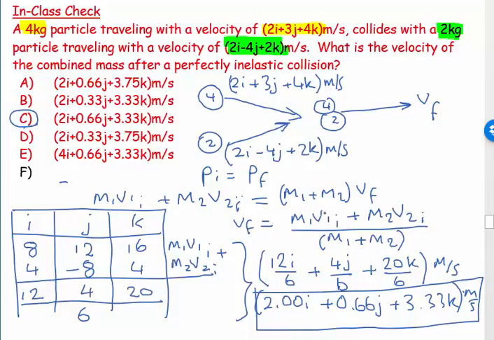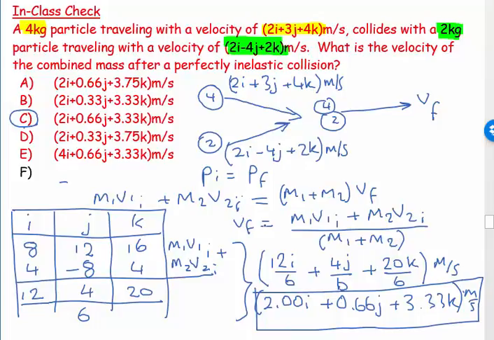So I took the first mass times the initial velocity for the first mass and multiplied that out to get my initial ijk. And I took my second mass, multiplied by the velocity of that second mass before the collision, and I got my second ijk. And because this operator is a positive, I added those two guys together.